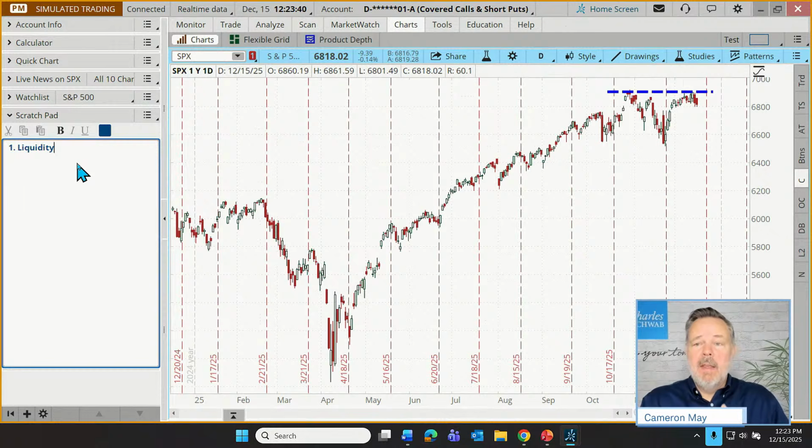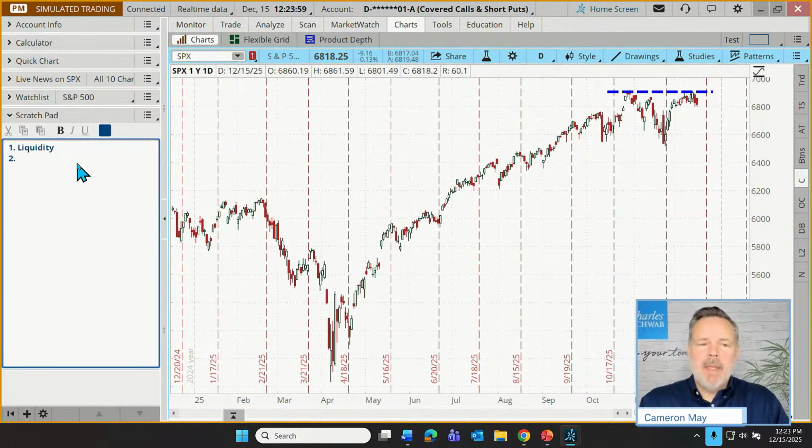That shows up in pricing difficulties with wide bid-ask spreads for the options trader. That can apply to covered calls as well, making it difficult to get into these, difficult to get out. So liquidity. I'll talk about how we might address these priorities.